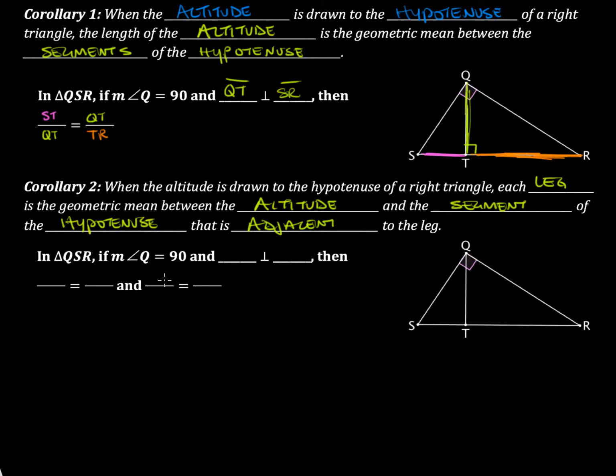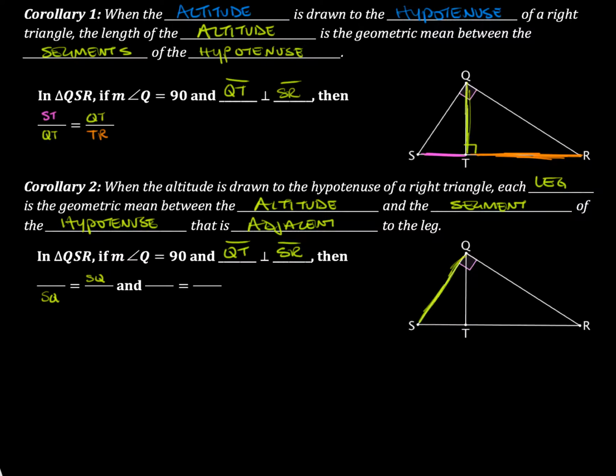To spell out in this diagram what that means, we have angle Q that's 90, and segment QT that's perpendicular to segment SR. That means that this leg right here is the geometric mean between, so it's going to go here and here.